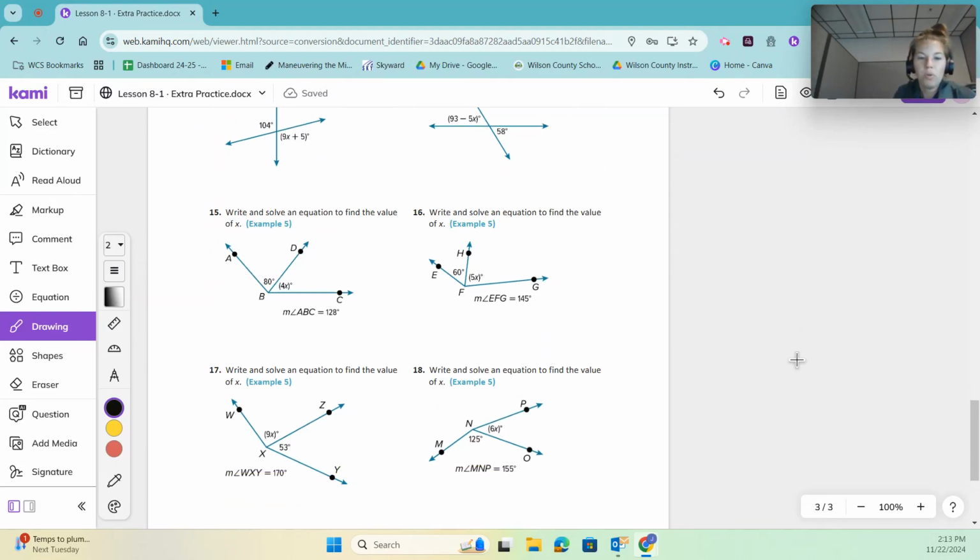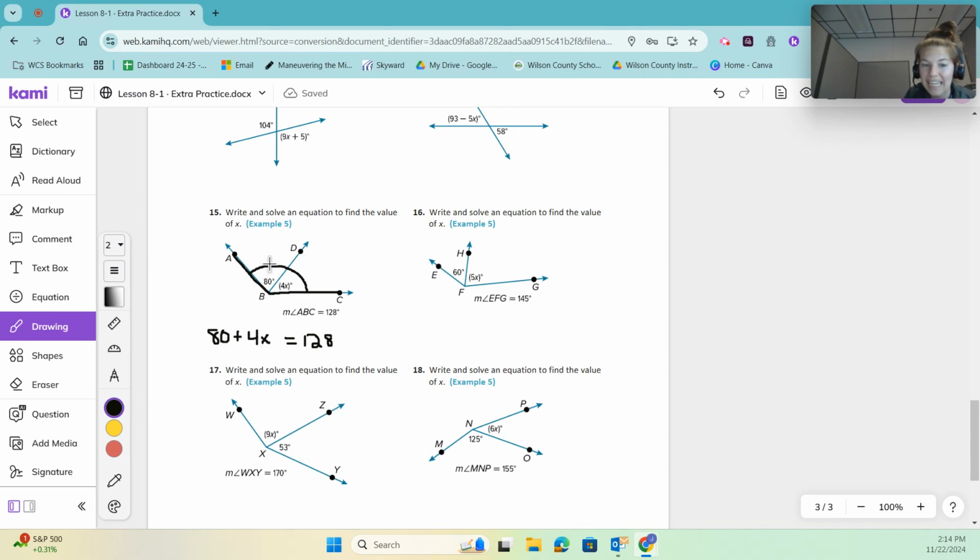One more type of problem here. Write and solve an equation to find the value of x. This says the measure of angle ABC, so they tell you ABC, all of this together, equals 128. All of this in here is 80 and 4x.